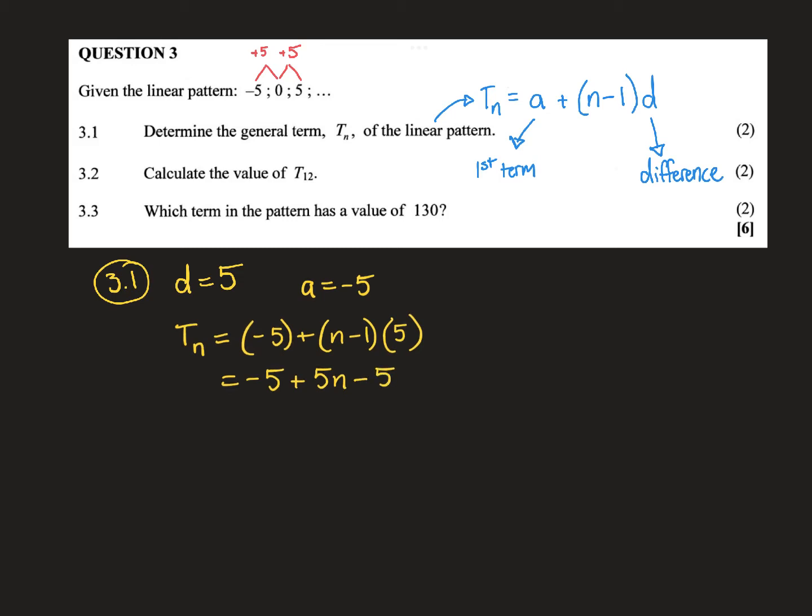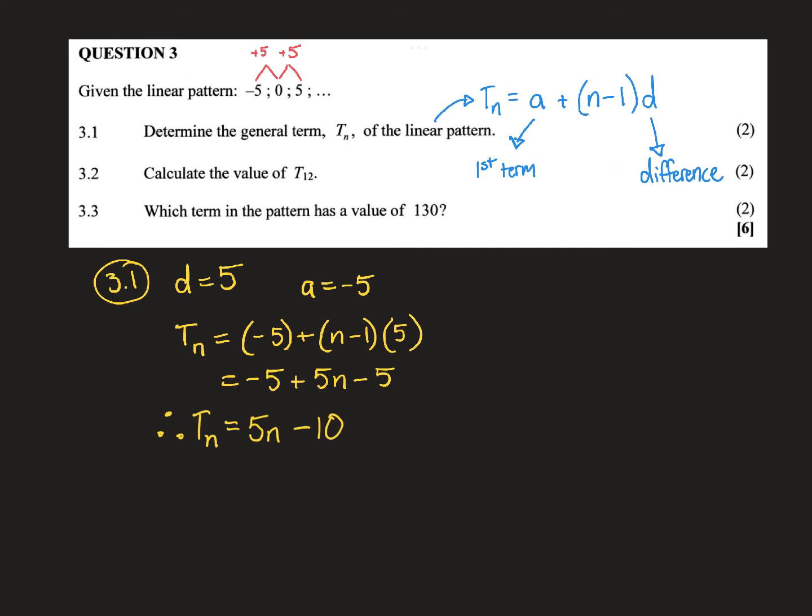So just so that you can see where that comes from, it's the distributive property. 5 times n gives us 5n, and 5 times -5 gives us -5. So that means our formula for this is going to be Tn is equal to 5n minus 10.